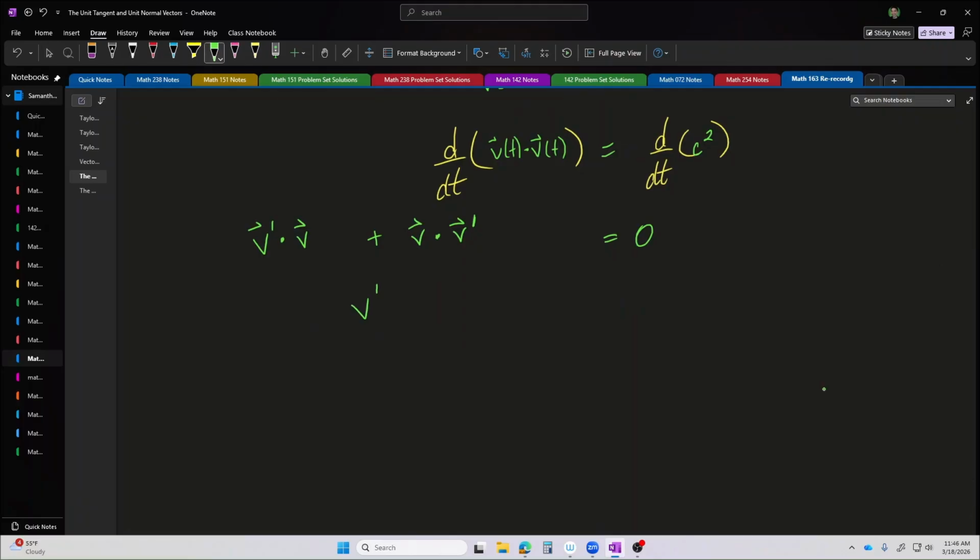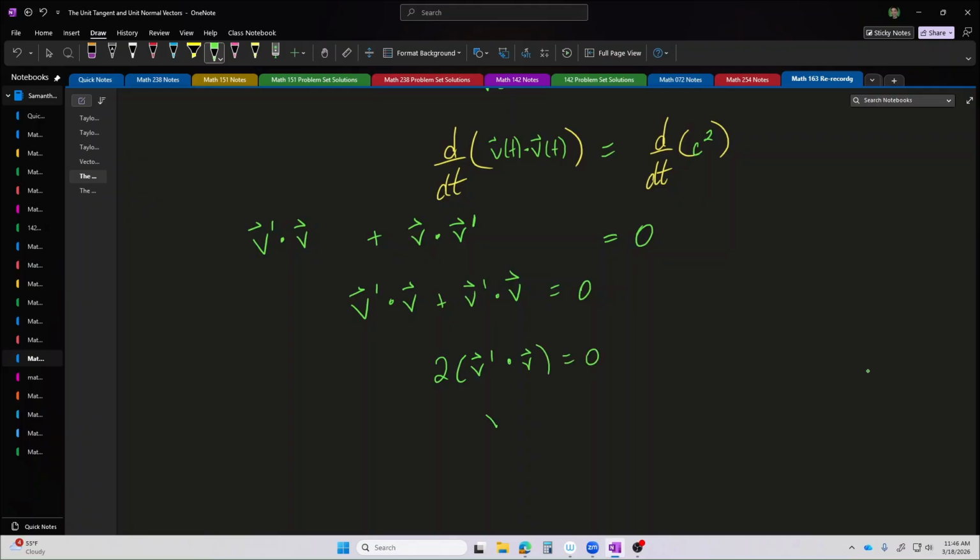Now let's remember that dot product, unlike cross product, had the property that you can change the order of the vectors in the dot product without changing the result. So I can take this expression on the left and rewrite it so that both terms have the form v prime dot v on the left side. And now I see that I ultimately have two copies of v prime dot v on the left side.